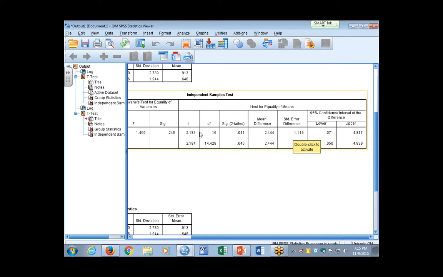It calculated the degrees of freedom the same way we did: N1 plus N2, sample size 1 is 9, sample size 2 is 9, 18, minus 2 is 16. It got the same t-score we did and the same degrees of freedom we did. It did it in a split second, where we had to struggle with a lot of parentheses and stuff like that, which I got wrong four times, right?